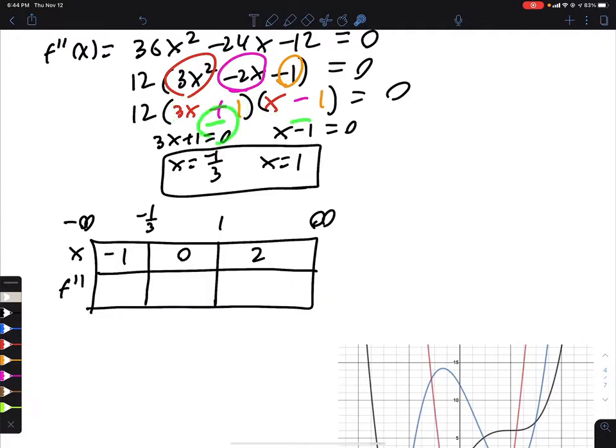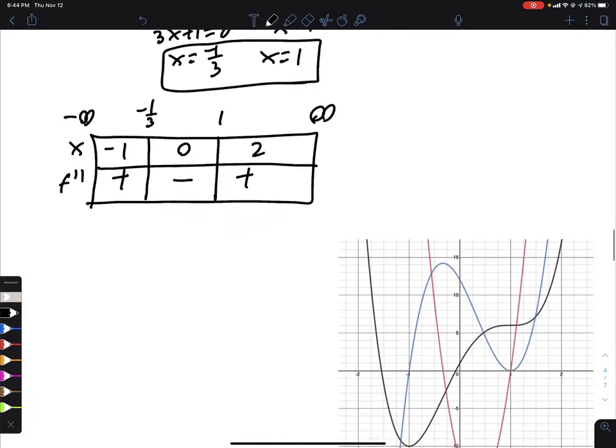Two negatives make a positive, so we have positive there. I'm going to plug in 0. If I put 0 there, that's positive. 0 there, that's negative. Therefore, negative. I'm going to plug a 2 here and here. 6 plus 1 is positive. 2 minus 1 is positive. A positive and a positive make positive.